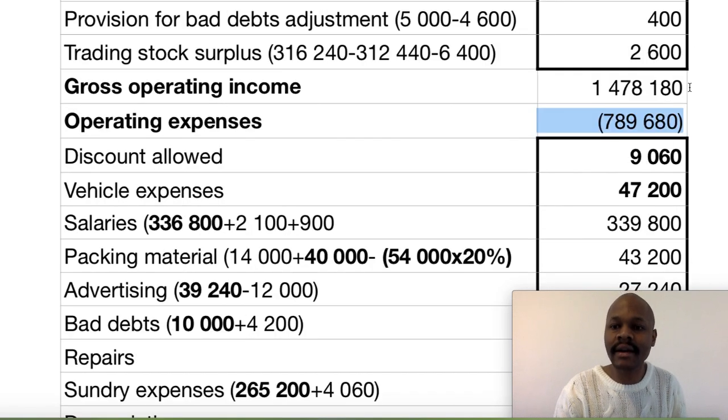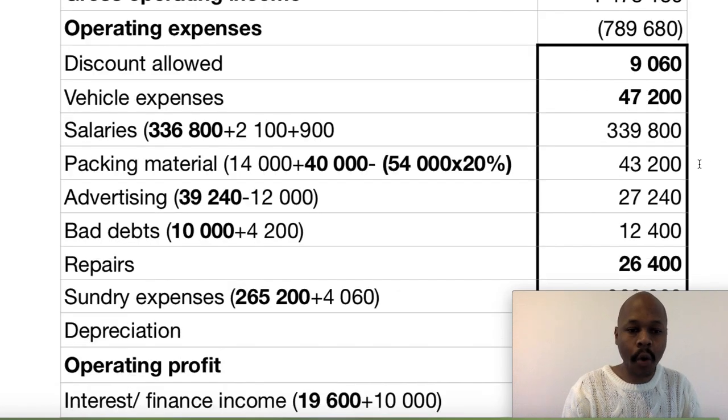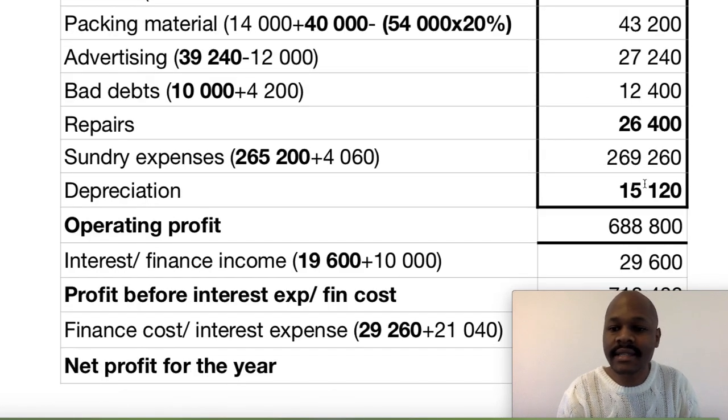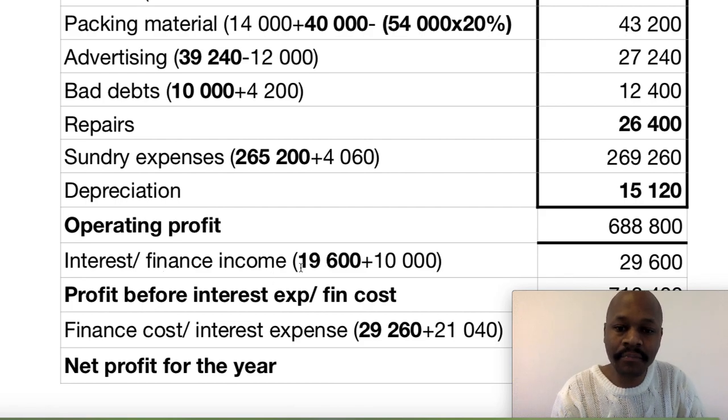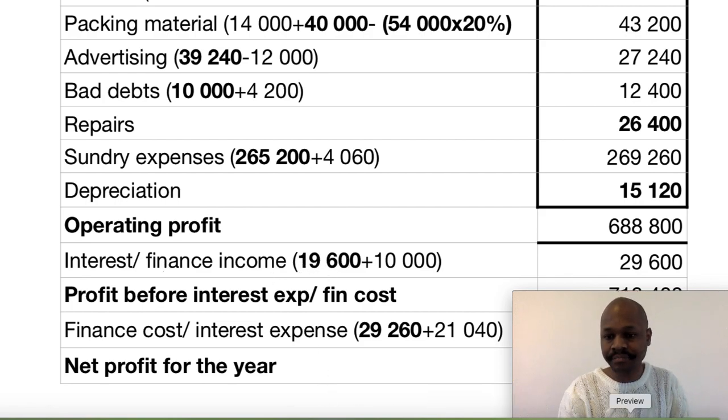So you say 1,478,180 minus 789,680. It gives your operating profit to be 688,800. That's your operating profit. What do we get after that? We have what you call interest income or finance income. We are already given 19,600.